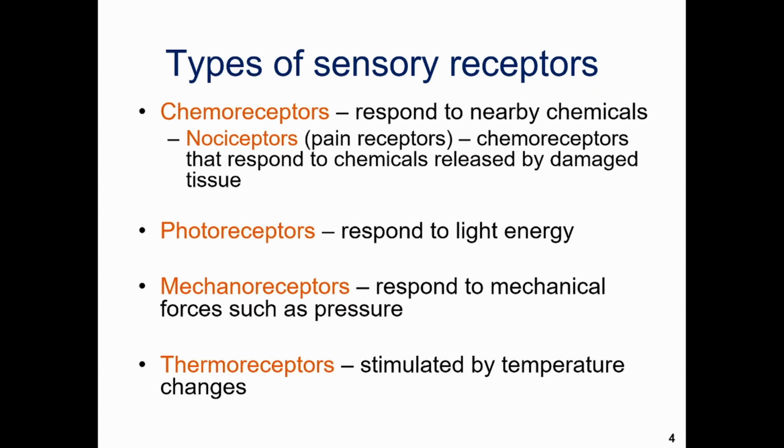This is a chemoreceptor that detects chemicals released by tissue that had been damaged or killed off. Photoreceptors respond to light. Mechanoreceptors respond to some sort of mechanical force, like pressure. So when you push on your skin, you can feel that. That's due to mechanoreceptors. And thermoreceptors are stimulated by temperature changes, so something hot or something cold.